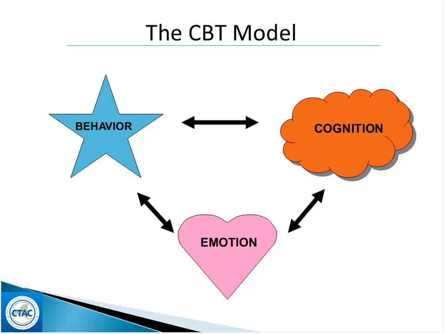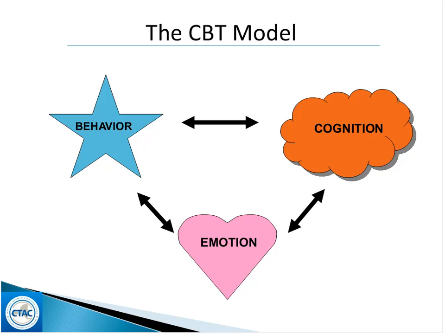So in the very beginning, it is very important to articulate the difference between cognition, emotion, and behavior, or thoughts, feelings, and behavior. And in order to do this, what I tend to do is to start with feelings, because most people can have some grasp of feelings.